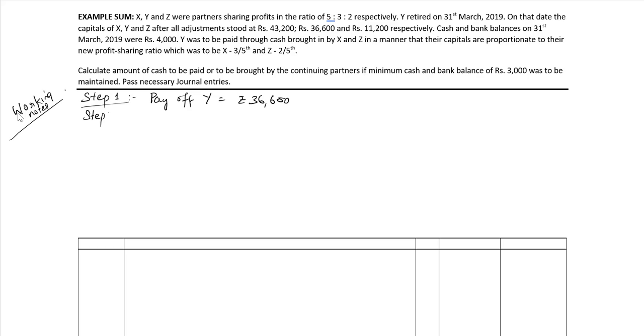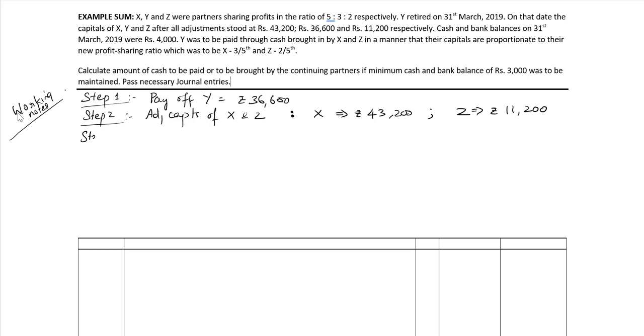Step 2 is to ascertain the adjusted capitals of the continuing partners X and Z. The second sentence says, on that date, the capitals of X, Y, and Z after all adjustments stood at. In the case of X, it's 43,200 rupees. And in the case of Z, it's rupees 11,200.